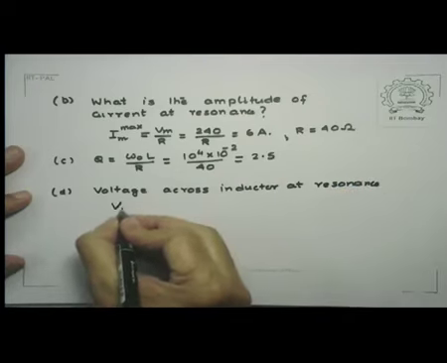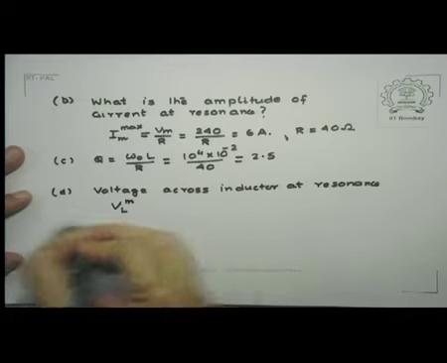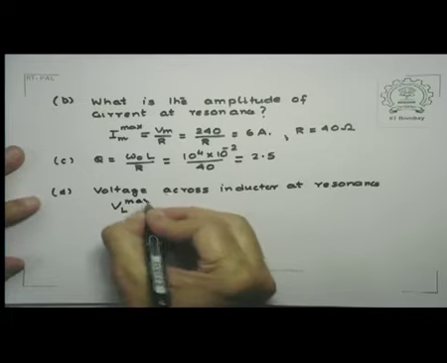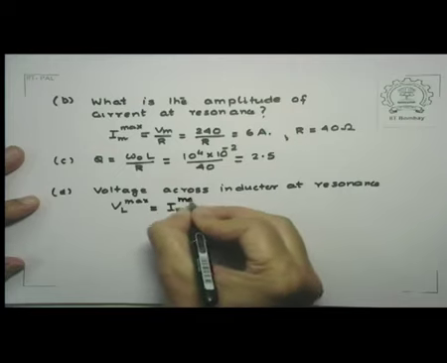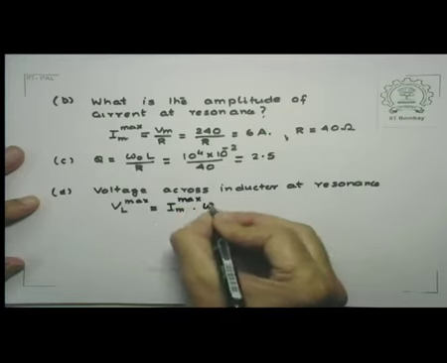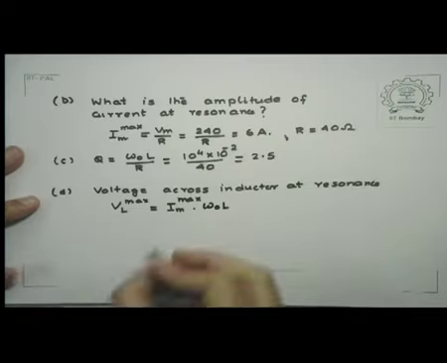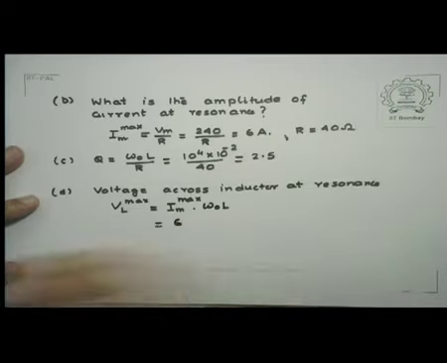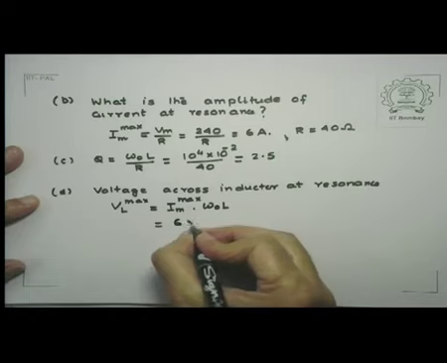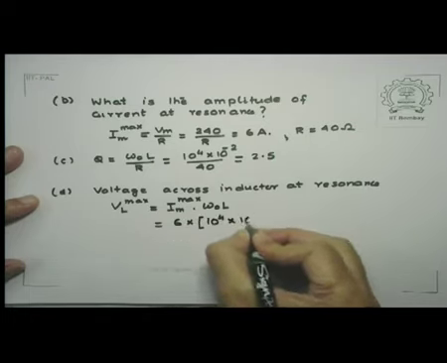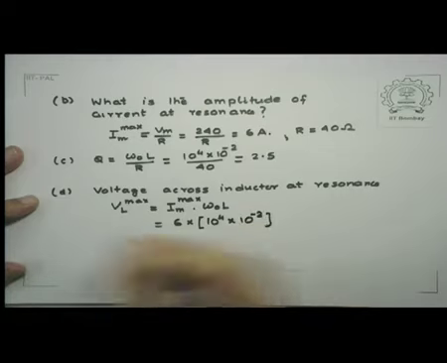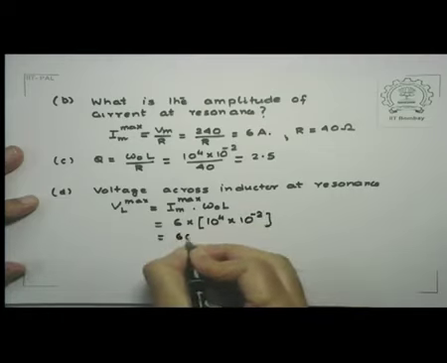So VL max, that's obviously equal to Im max times omega 0 L, that's your reactance, which is 6 multiplied by omega 0 is 10 to the power 4 and L is 10 to the power minus 2 Henry, so that's equal to 600 volts.